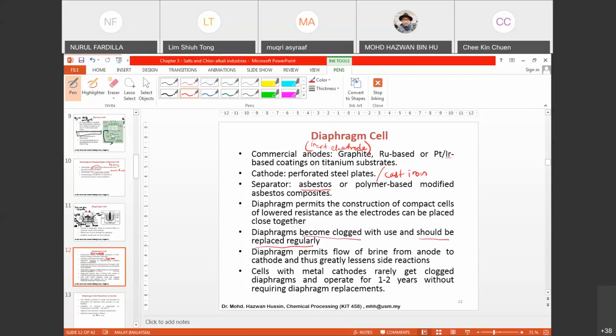So this is part of the disadvantages because you need replacement of asbestos. Diaphragm permits flow of brine from anode to cathode, thus greatly lessening the side reaction. And the cell with metal cathodes rarely gets clogged and operates 1 to 2 years without requiring diaphragm replacement.